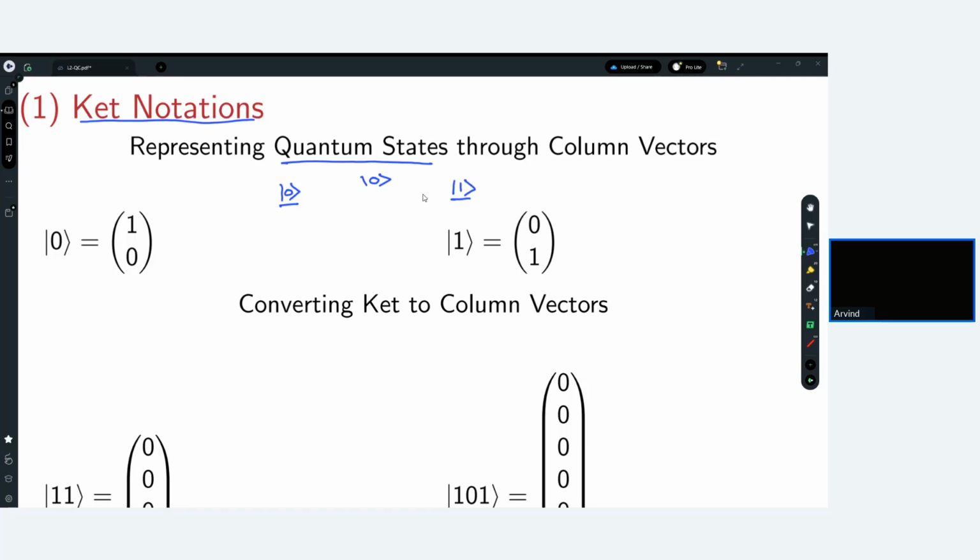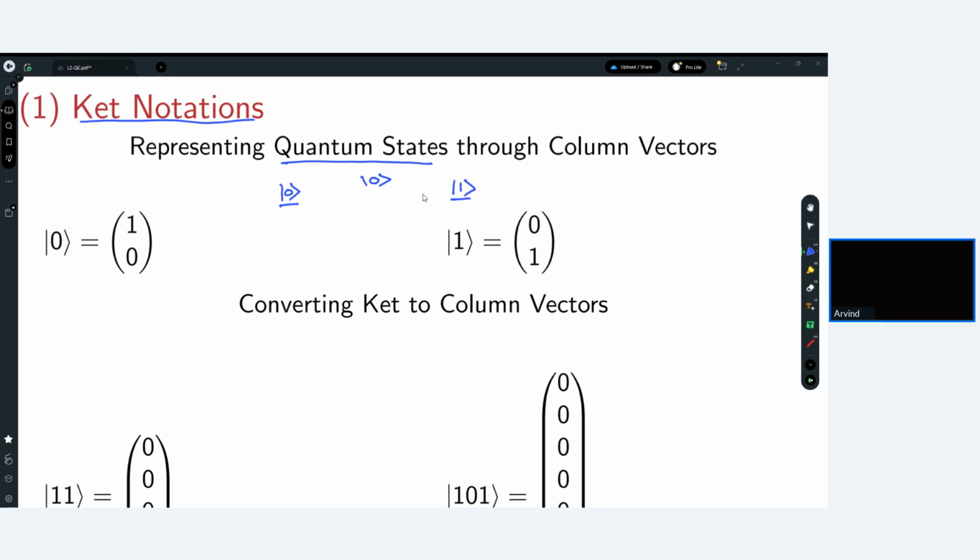As the Bloch sphere is used to visualize a quantum state, but the visualization does not help us perform the computation. To perform the computation, we need another way of representing the quantum state.